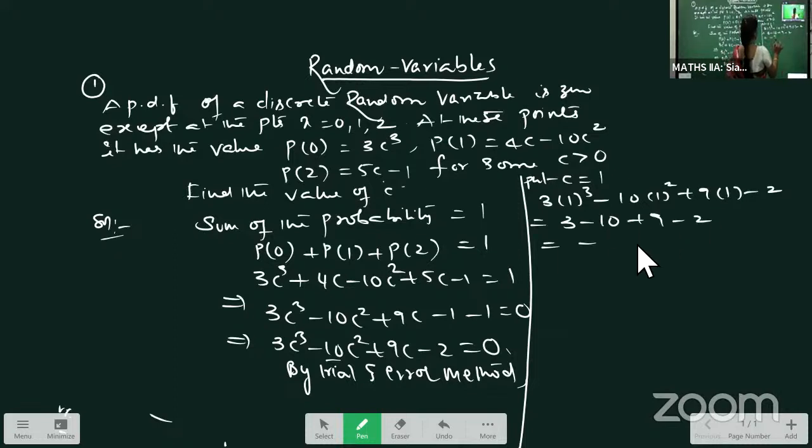So this is minus 7 plus 7. Are we getting 0 or not? We are getting 0. So with c is equal to 1, now we have to do the synthetic division to get the remaining roots, because it is a cubic, so 3 roots will be there. One root we found by the trial and error method, so the remaining 2 roots are to be found.